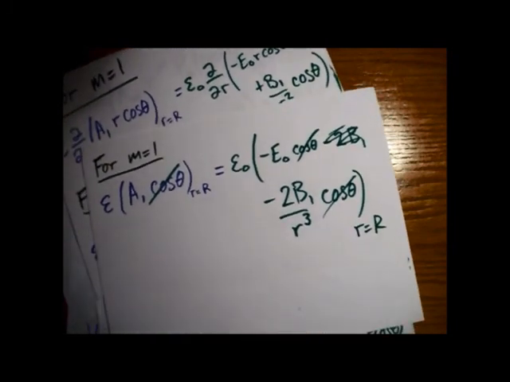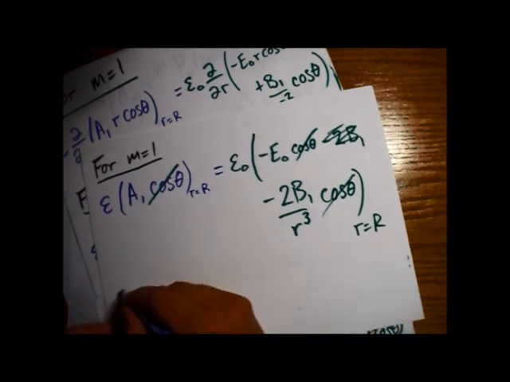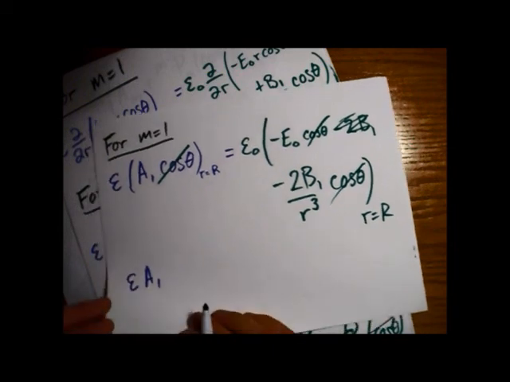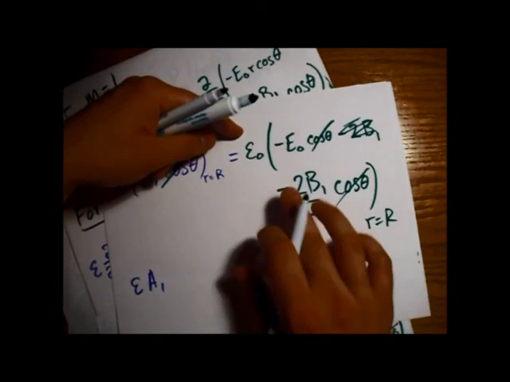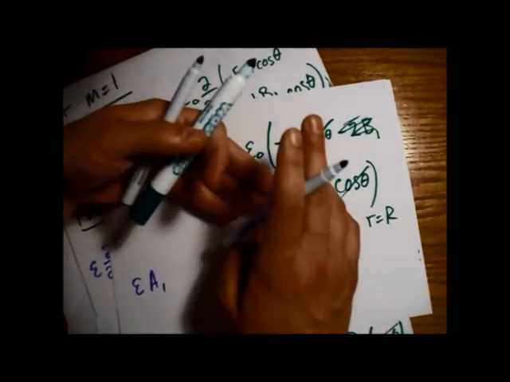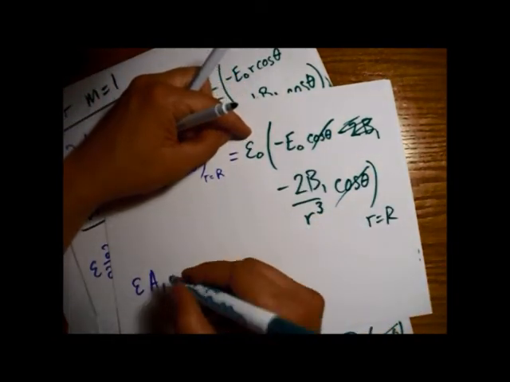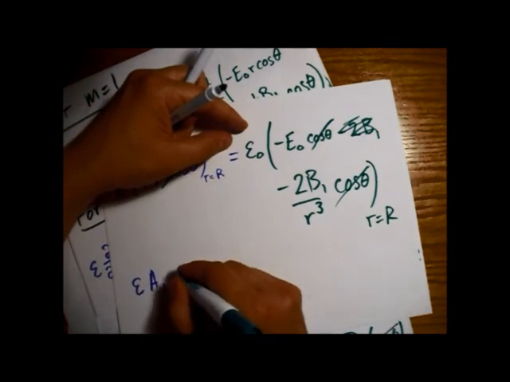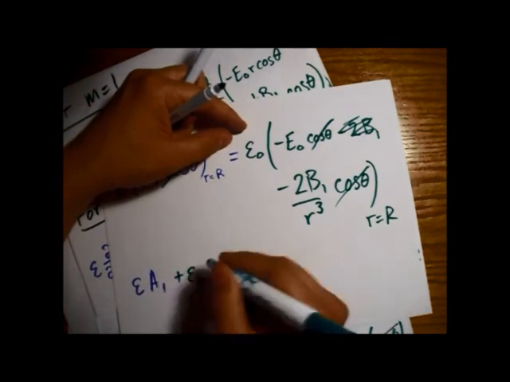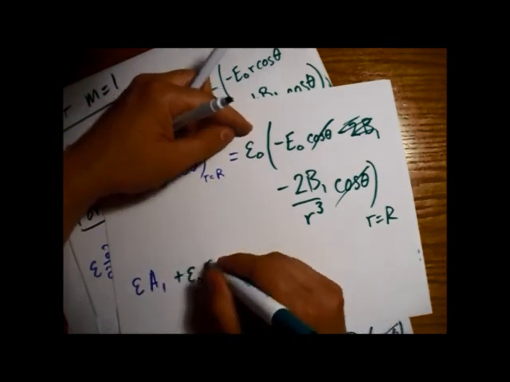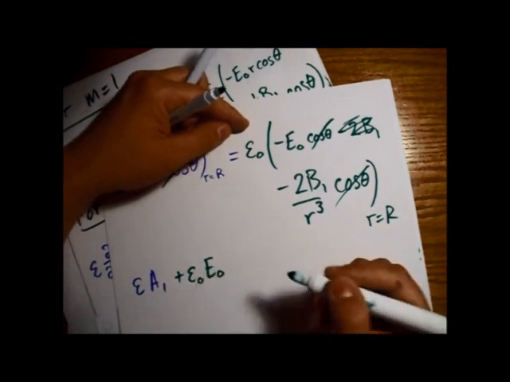All right, so let's just go ahead and get this one over here. So we have an epsilon times A1 from this side. Now I'm going to go ahead and bring this one over, so we get a plus epsilon naught, and soon I'll have to abandon the different colors because this is just going to get crazy.